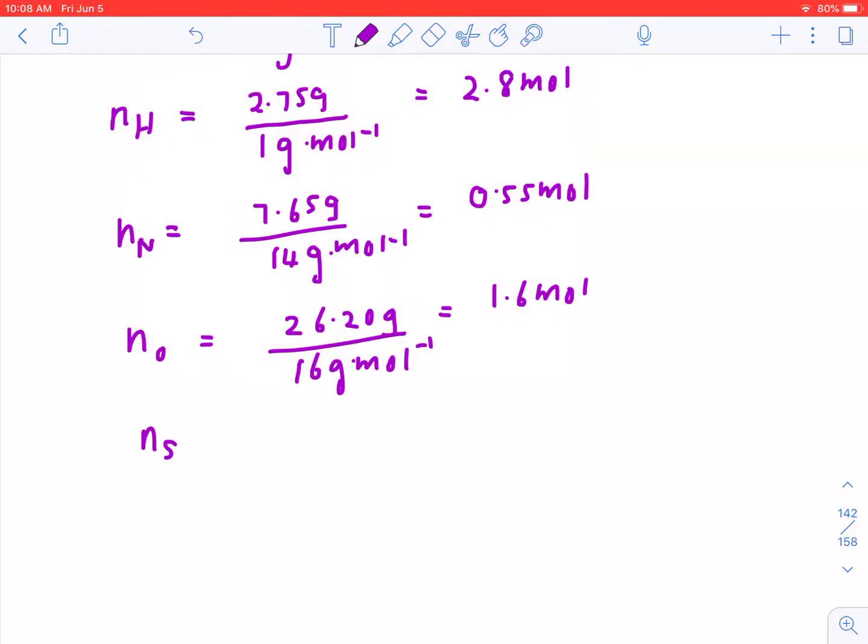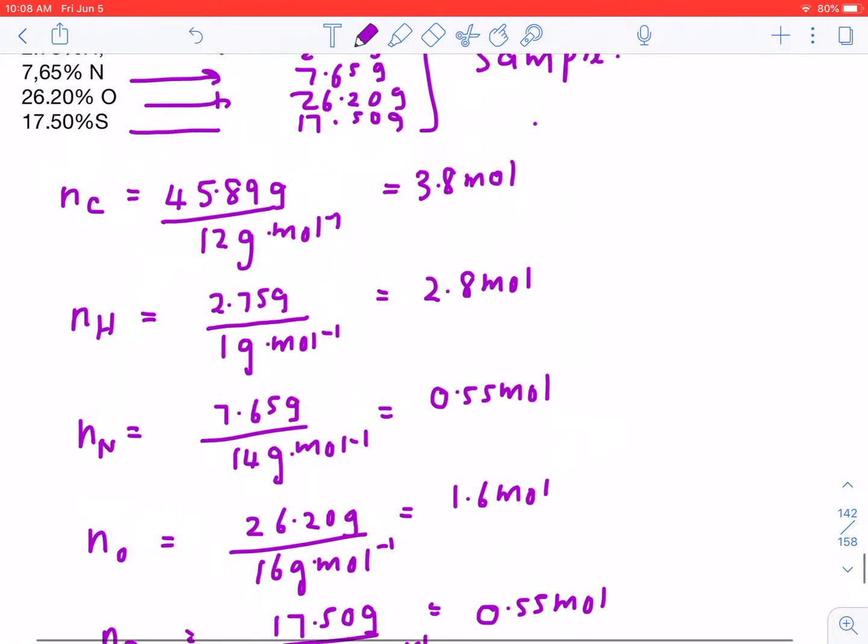Right, the saccharine actually even contains sulfur, which means it's equal to 17.50 grams, all upon 32 grams per mole, and that gives us 0.55 moles.